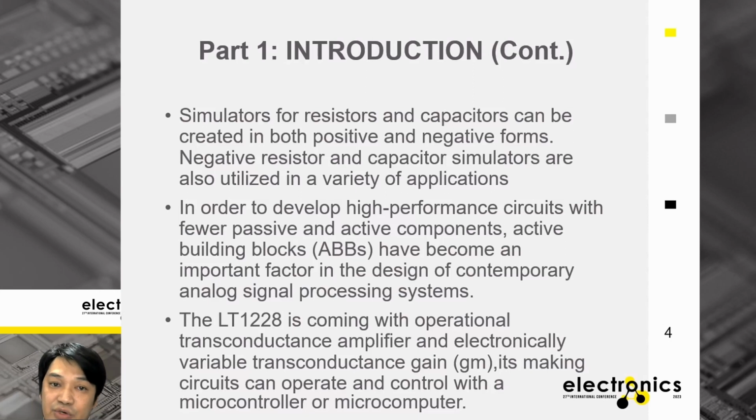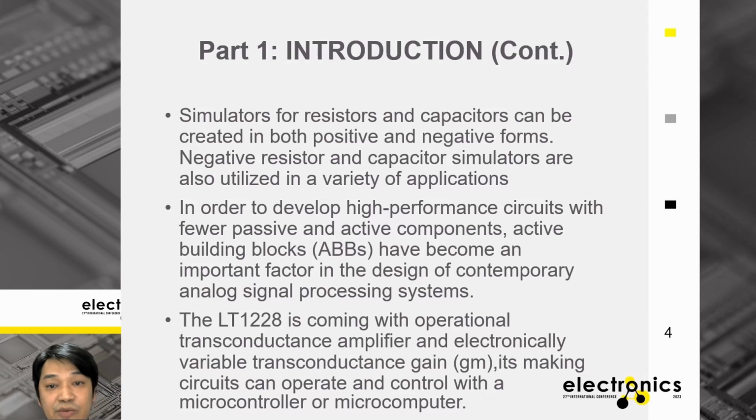But in order to develop high performance circuits with few passive and active components, the active building blocks, we call them ABBs, have become an important factor in the design of contemporary analog signal processing systems. In my paper, the LT1228 combines the operational transconductance amplifier and the electrically variable transconductance gain, which we call the gm.